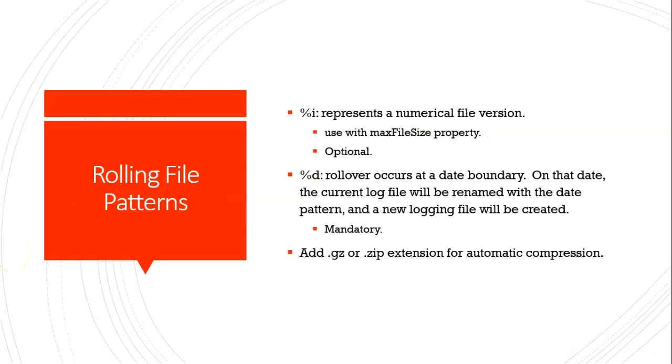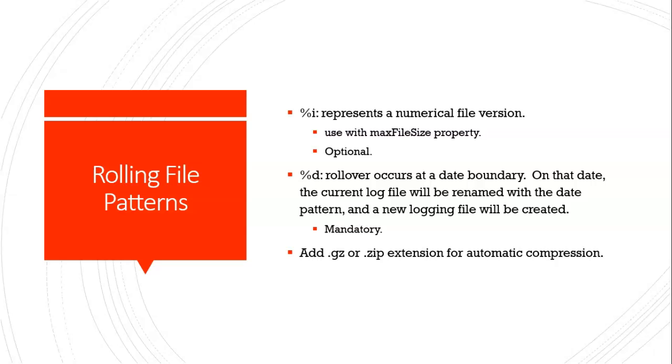Now, when you look at a logging file, it can be very intimidating because there are a lot of symbols that we'll see. As a matter of fact, when we define a rolling file appender, we'll typically give it a file name. The file name must have a %d in it, and the %d represents a date or time. Once we get a log that goes beyond the boundary of this date or time, it will automatically create a new log file.